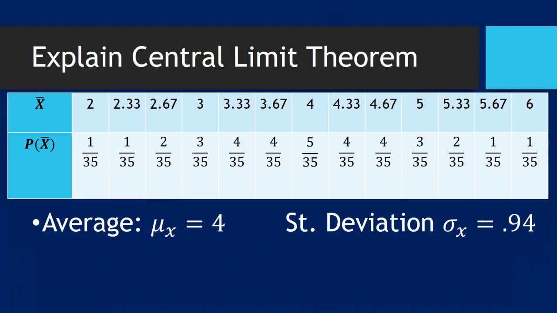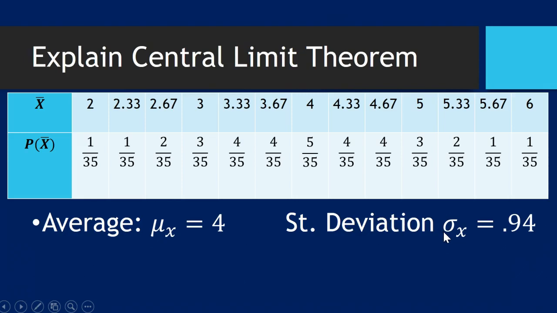So this is the notation we use. We say that in this probability distribution, the average sub x. Now the sub x means the average of the averages. So the average of the sets is 4.